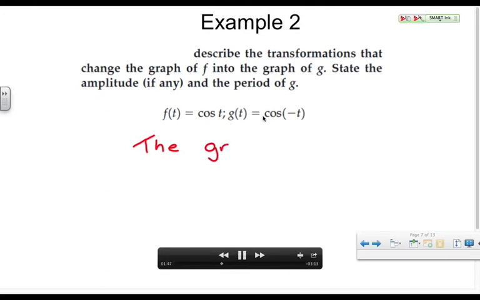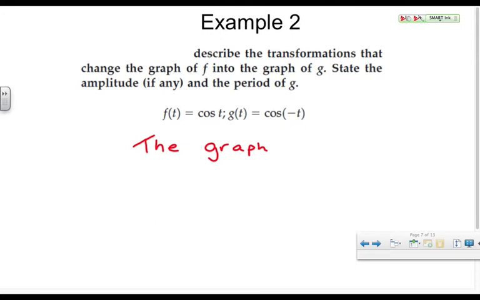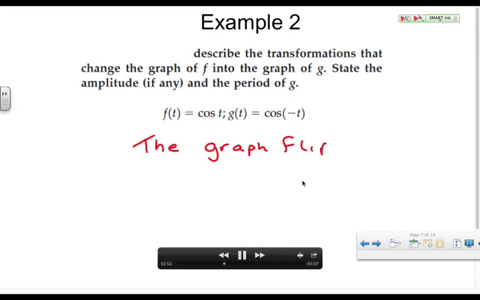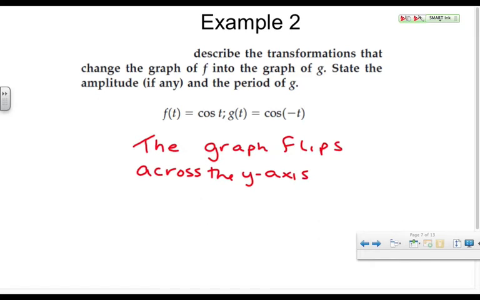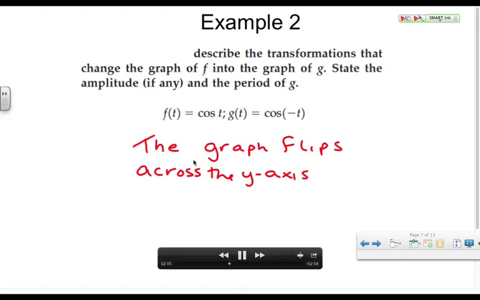I'm sorry, the x-axis is the other one. The amplitude is 1, or the absolute value of 1, and the period is still 2 pi, because we didn't change anything in here. You have to make sure you write that down for these ones as well.